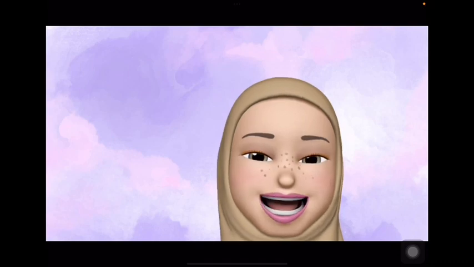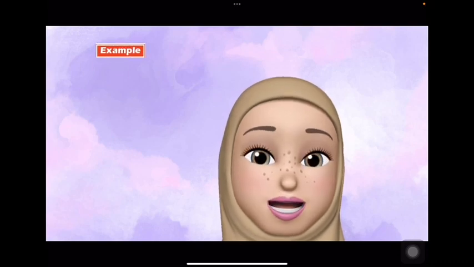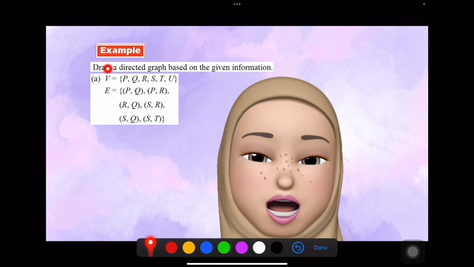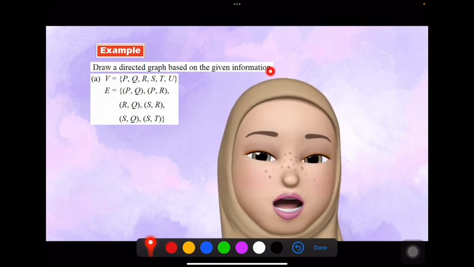Let's take a look at the example. You are required to draw a directed graph based on the given information.